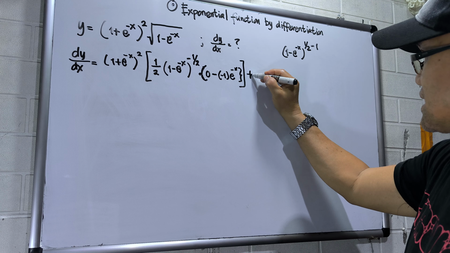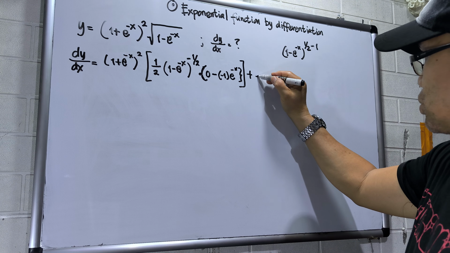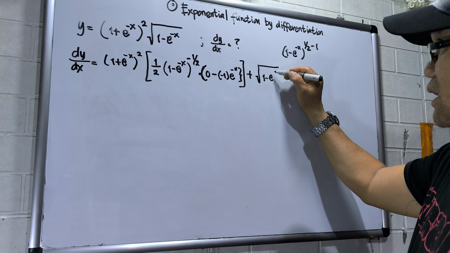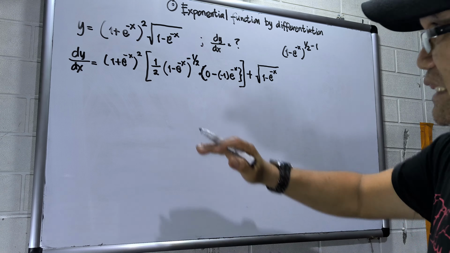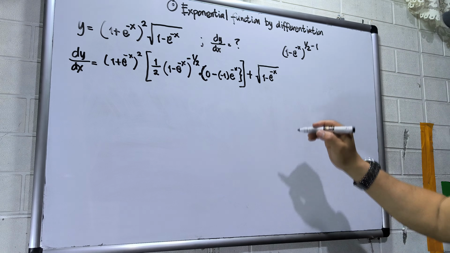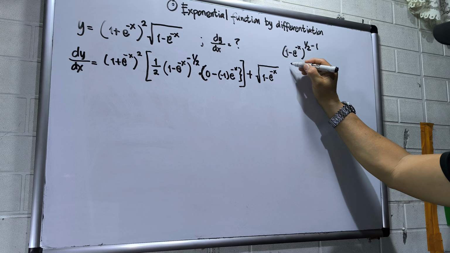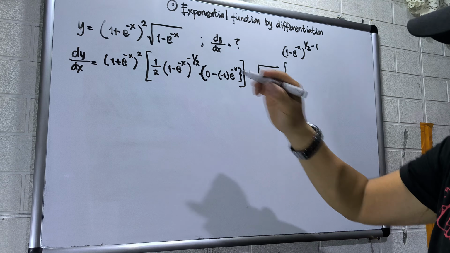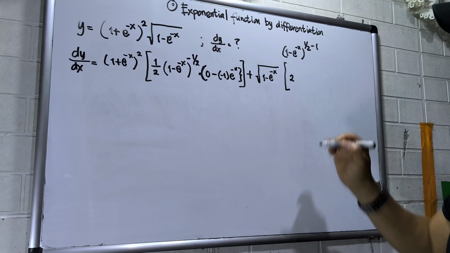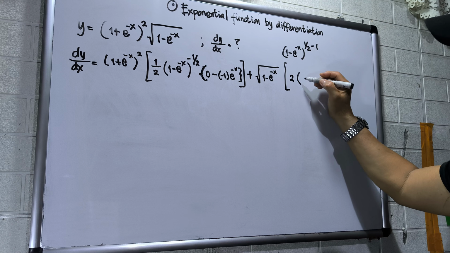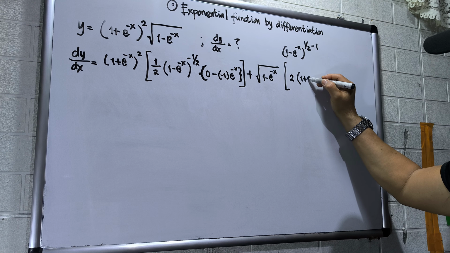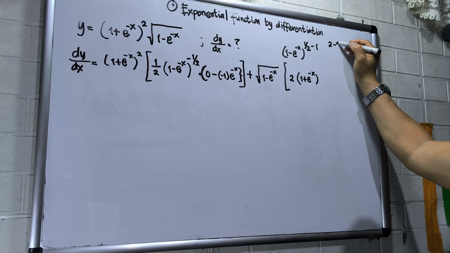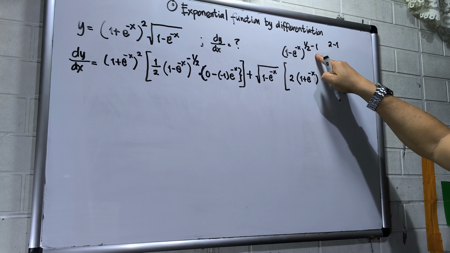Then plus, copy the second, the square root of 1 minus e raised to the negative x, times the derivative of the first term. So this will be square brackets. This will be my coefficient 2, and then (1 plus e raised to the negative x), 2 minus 1, same with 1/2 minus 1.